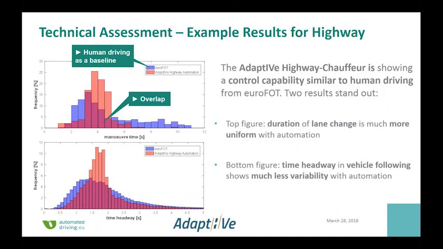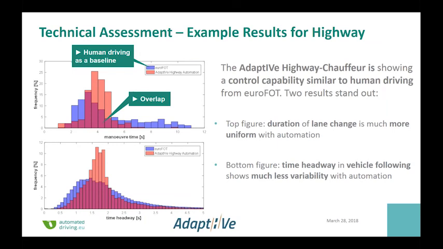On the next slide, I show you some first results from the technical assessment. Here you can see a comparison between EuroFOT and the Adaptive function. EuroFOT was the baseline, so the human driving is the baseline. You can see here an example of the Adaptive highway chauffeur, and what is shown here is the change of frequency in maneuvers over time.